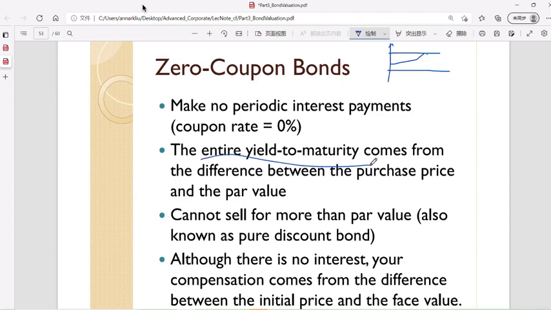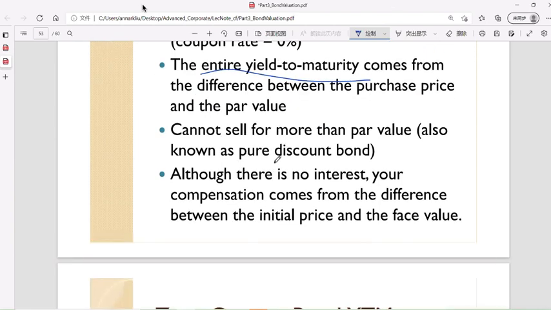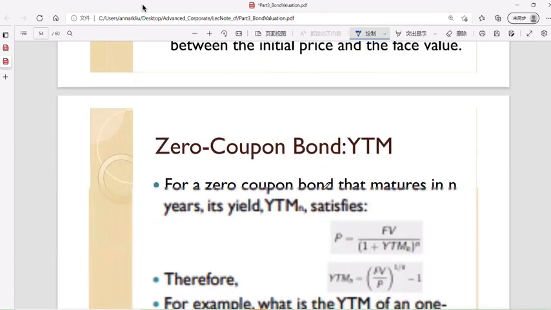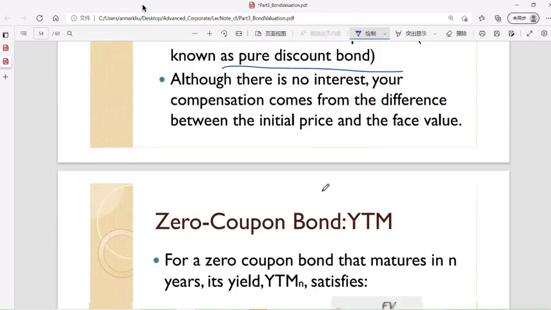So the entire yield to maturity comes from the difference between the purchase price and the par value. You cannot sell for more than the par value. So it's also known as a pure discount bond. And although there is no interest, your compensation comes from the difference between the initial price and the face value. Okay, so that's the idea.